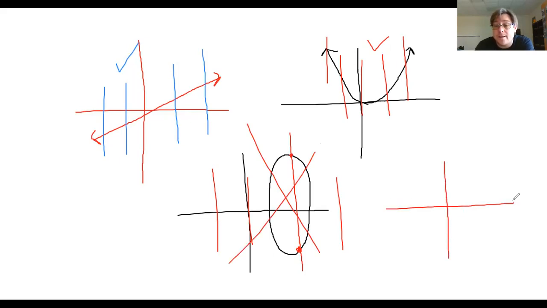Okay, how about a sideways parabola? That one actually came out a little bit better. Same thing. I draw a vertical line, doesn't touch, that's fine. I draw a vertical line here, touches more than once. No good, it is not a function. So that's all the vertical line test is. It's an easy way of testing if a graph is a function or not.